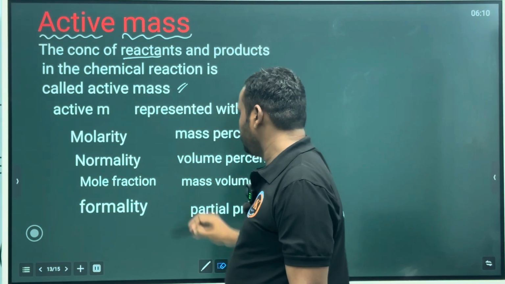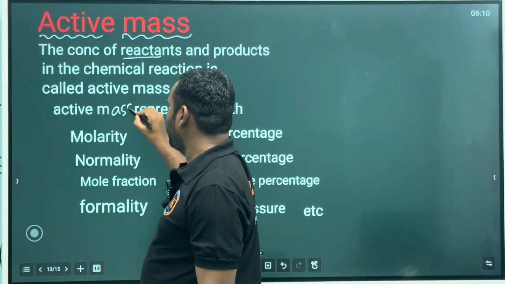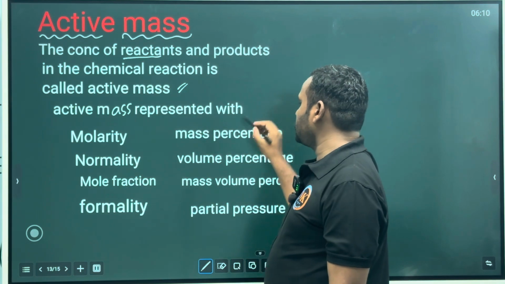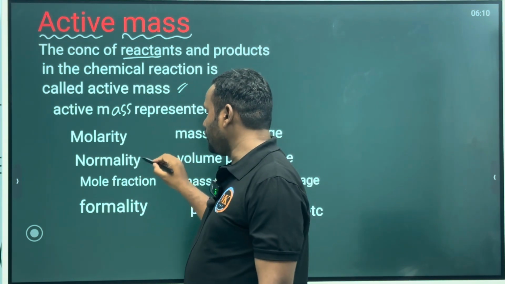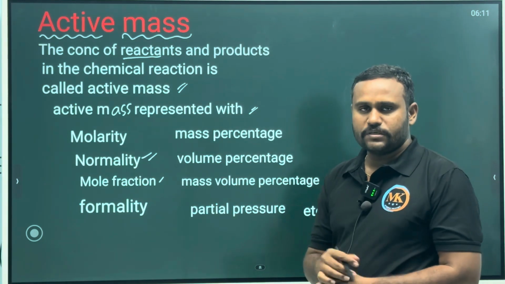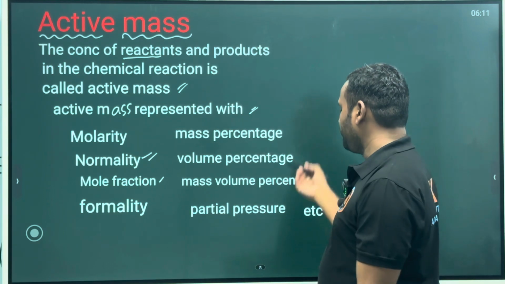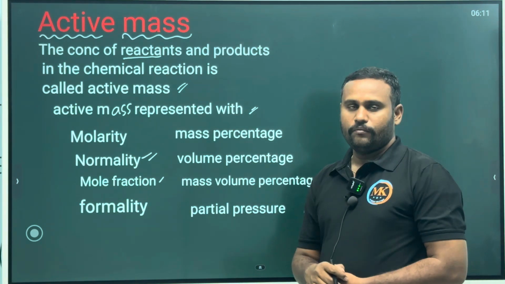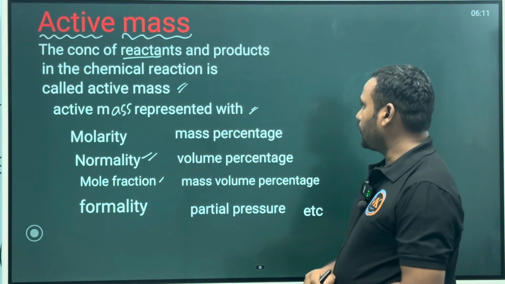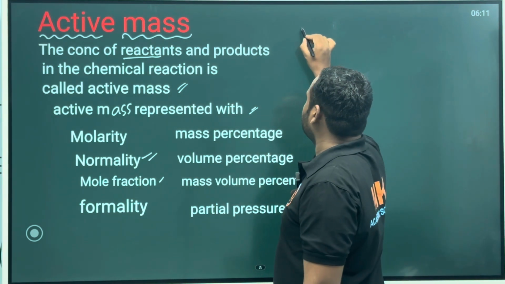This is active mass. Active mass can be represented with molarity, normality, mole fraction, formality, mass percentage, volume percentage, etc., which we have learned in the solutions chapter. All these are the methods we use to express the active mass. But generally the active mass is represented with what?